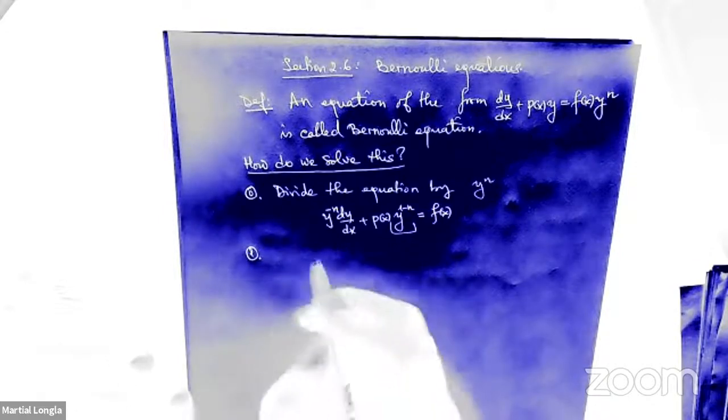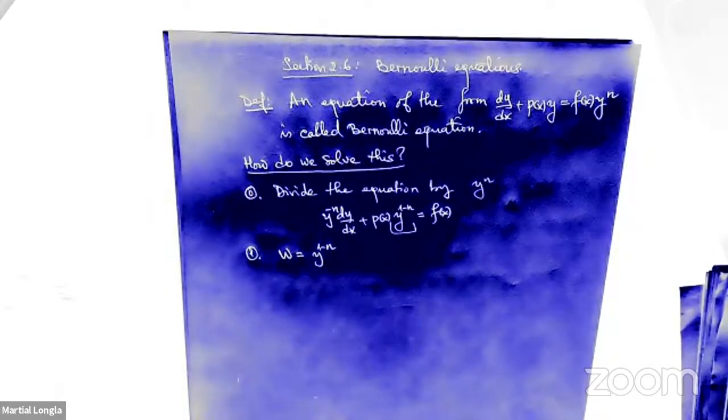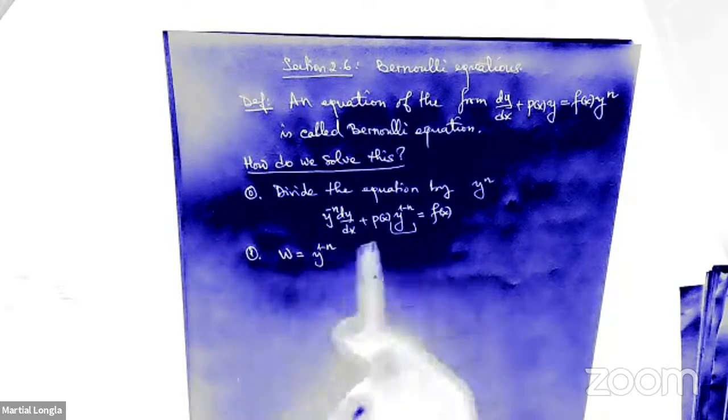So you make this new guy the new function that you're looking for. So we say w = y^(1-n). Get that coefficient of p(x), make it the new function. So instead of solving for y, I'm solving for w. I want w, not y.